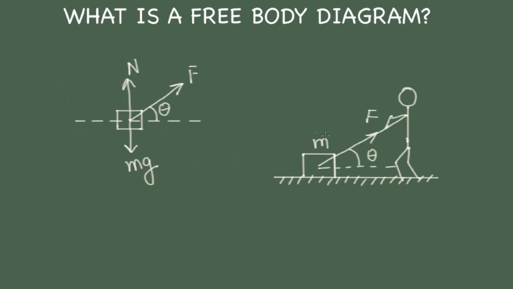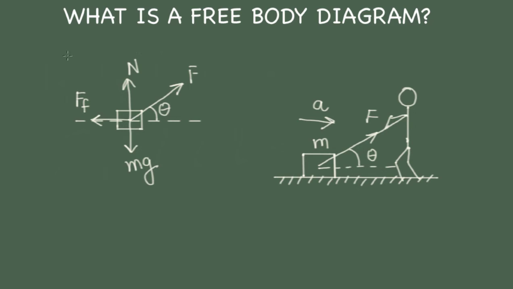So let us consider in this particular case that this block is moving towards the right with an acceleration of a. In this case there will be a friction force acting on this block towards the left from the surface of the ground. So we'll consider the friction force as well. This is the force of friction acting on the left.